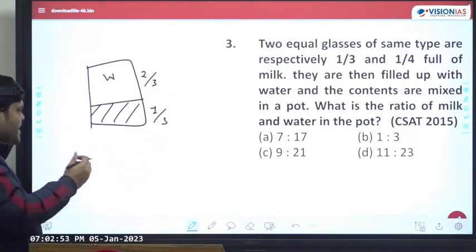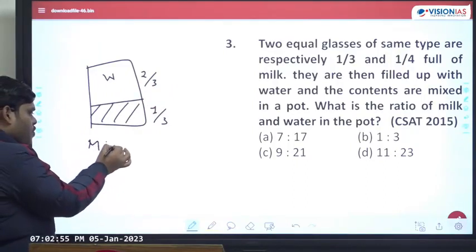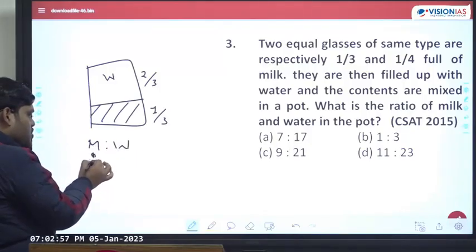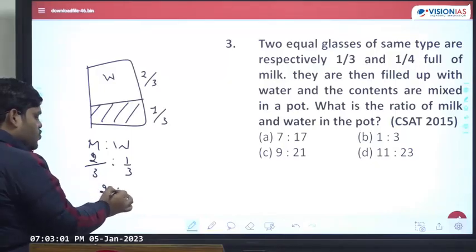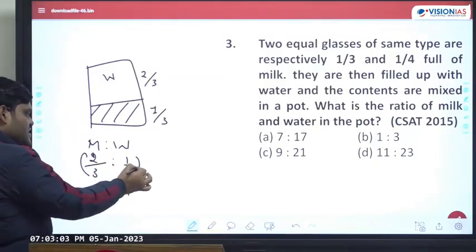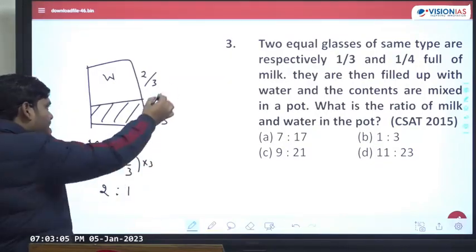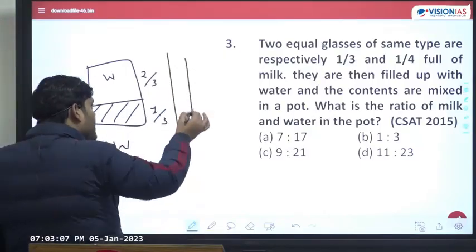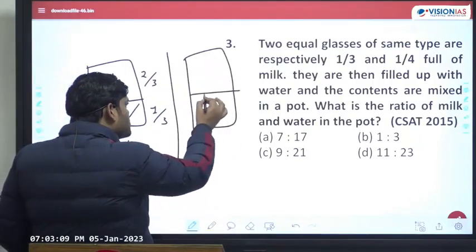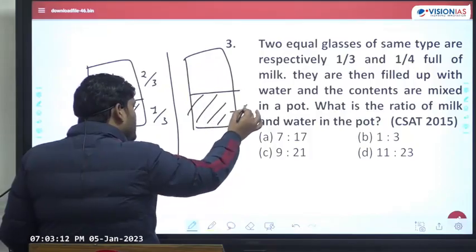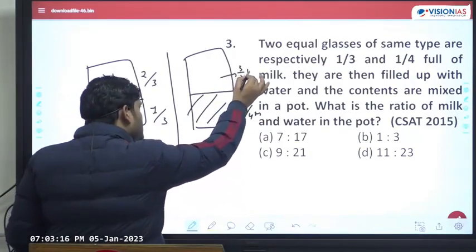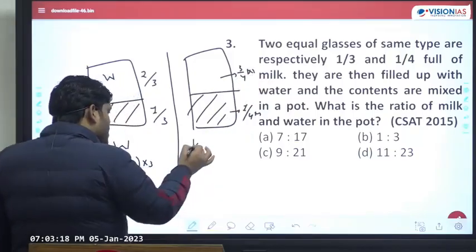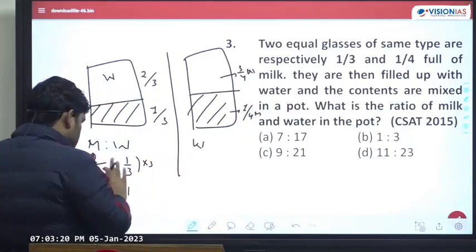So we can say the milk to water ratio here is 1/3 to 2/3, or 1:2. In the second case, the milk is 1/4 filled, so 1/4 is milk and water will be 3/4. So here, it just became reversed.